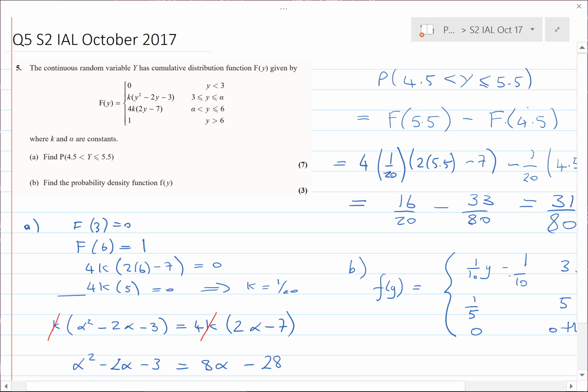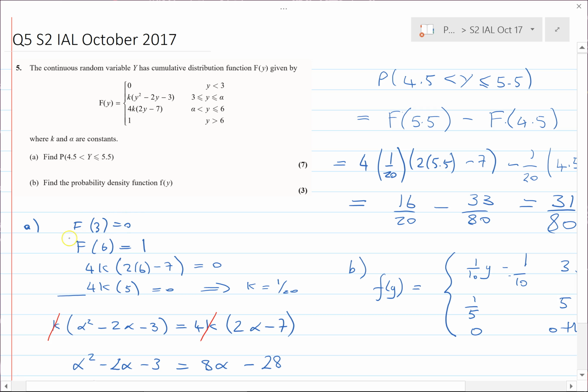The only thing is we've got some unknown values here, k and alpha. Well, to work out k, you might have thought that F of 3 is equal to 0, but it doesn't work. Basically, what we end up with is k times 0 equals 0, which is unhelpful. It's true, but it didn't work.